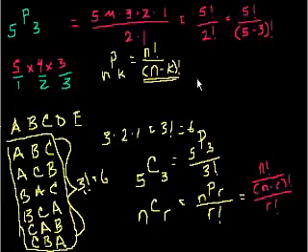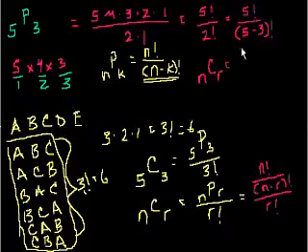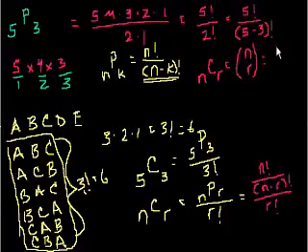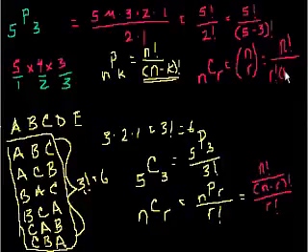This is often written as n choose r. This is called the binomial coefficient. And we'll do a whole series of modules on that as well, because this actually shows up in polynomial expansion when you take polynomials to powers. But this is equal to n factorial over r factorial times n minus r factorial.